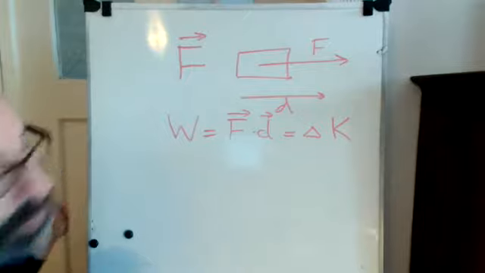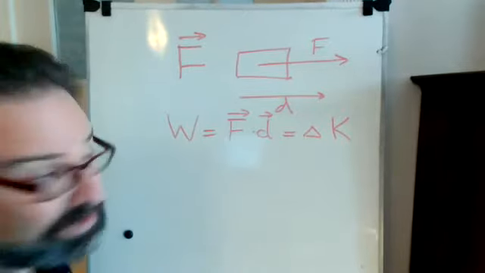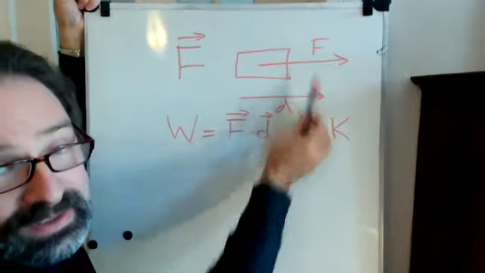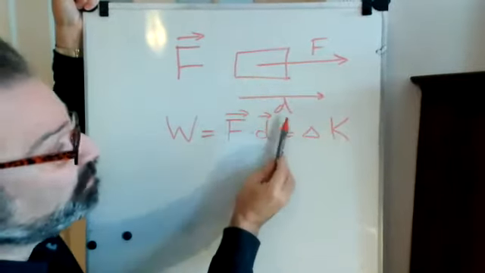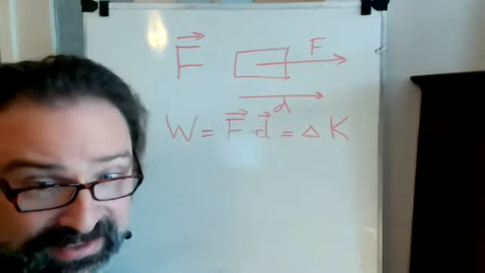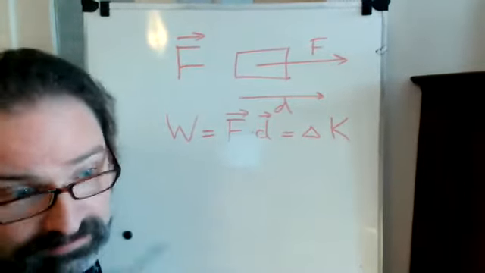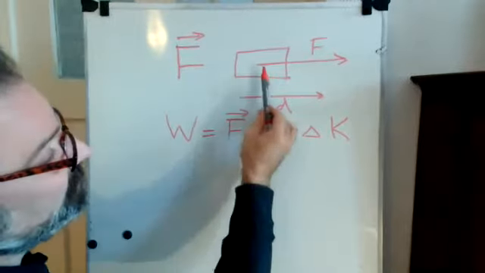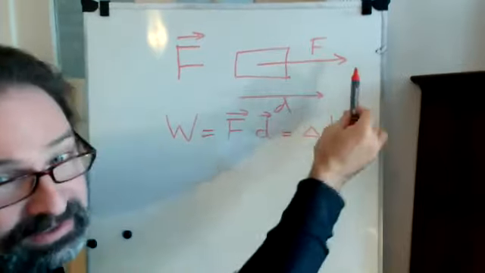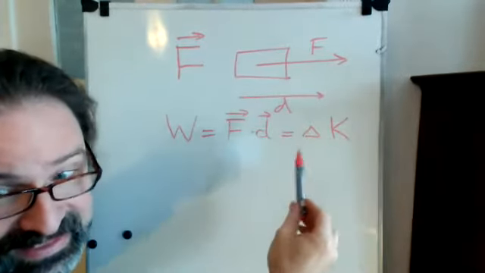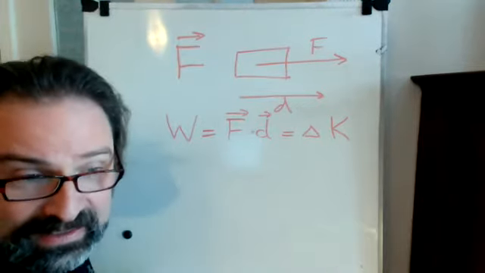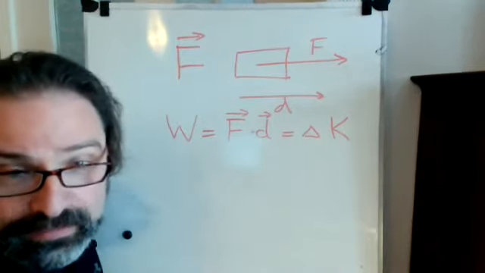Now, if you're exerting a force on an object for a certain distance, that's going to take a certain time as well. By the time it's over here, it's traveled a certain distance d in a time t. So both d and t are required for that force to act.